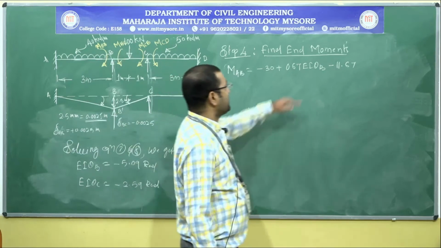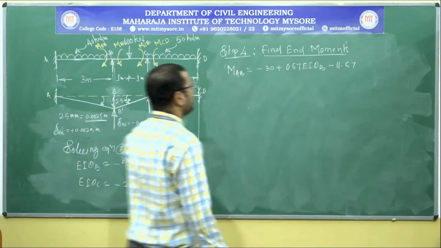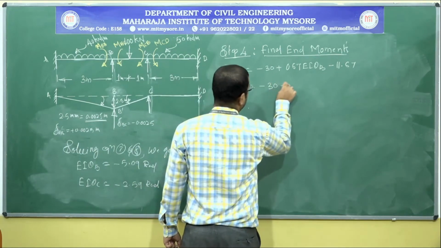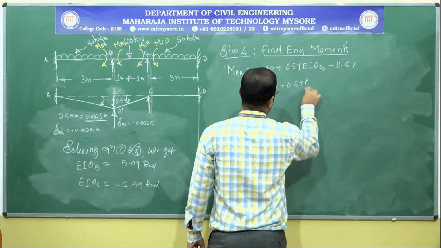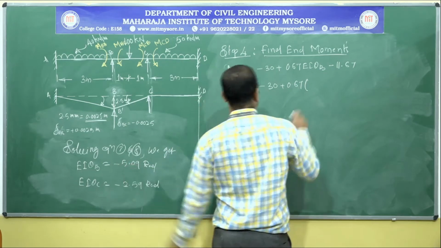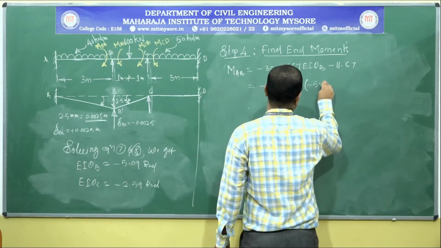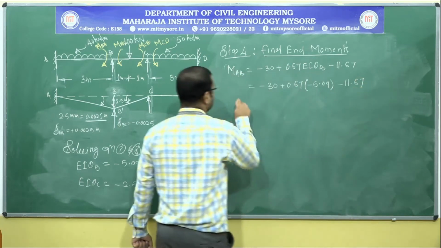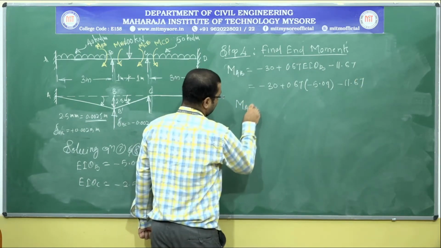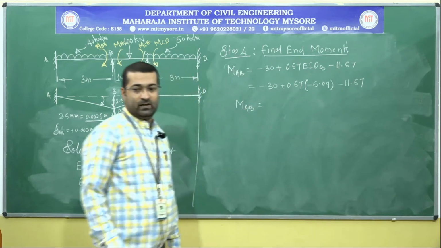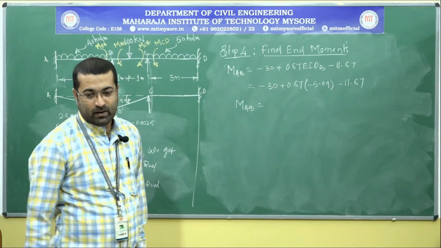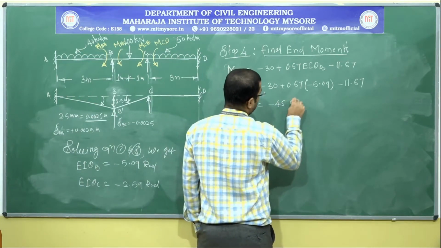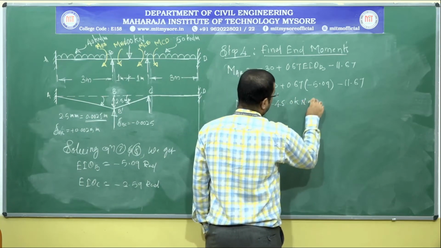Now in this equation we have to substitute the value for EI theta B. So minus 30 plus 0.67 into minus 5.09 minus 11.67 yields MAB as minus 45.05 kilonewton meter.